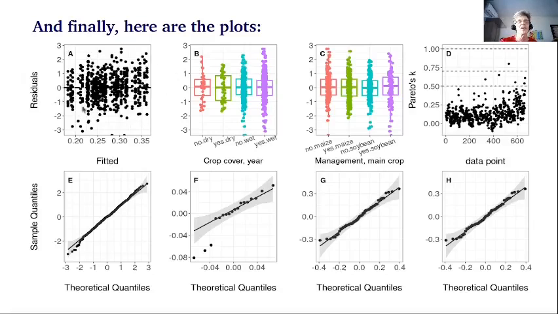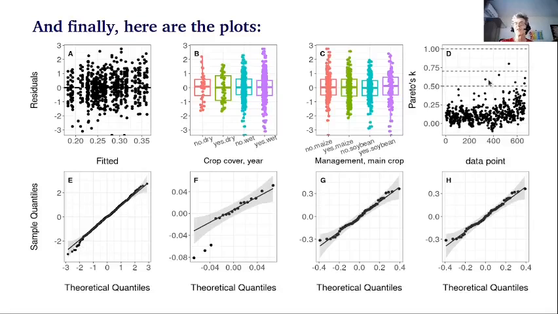We don't see any trend whatsoever here in this plot A, and in plots B and C, for different combinations of crop cover and year management and main crop, what we see is that the median of the residuals are all very close to zero, and the variability, as indicated by the width of the boxes, are all pretty similar, if not nearly identical. We see that the transformed Dunn-Smyth residuals do indeed have a normal distribution, as indicated, that would suggest a good fitting model.